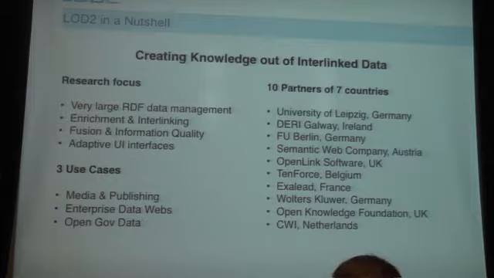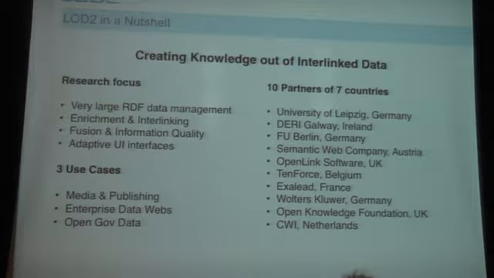In a nutshell, you see what we are going to do. Important, we have three use cases: media and publishing, enterprise data webs, and open government data. We'll focus on the open government data one. But we think all three fit together and have to be one package, because the economy needs open government data, needs the enterprise data, and so on.